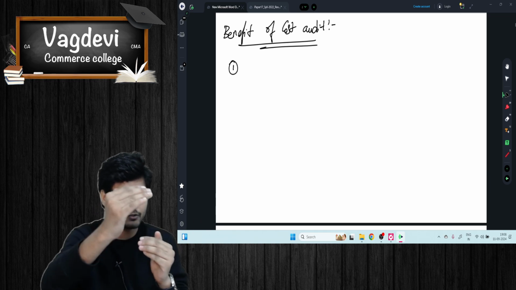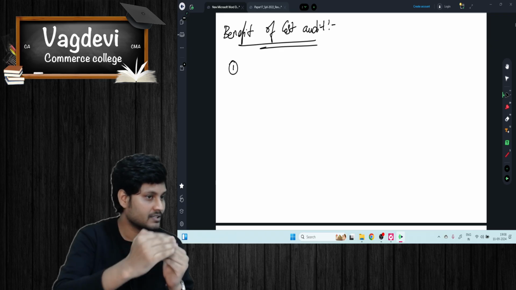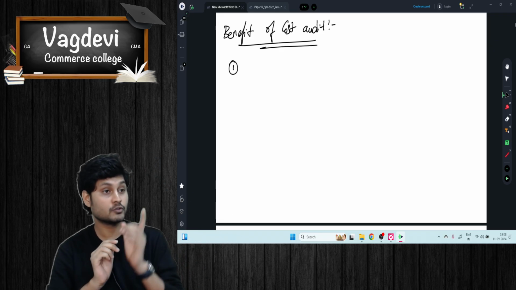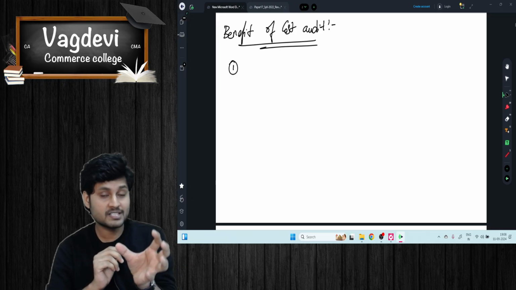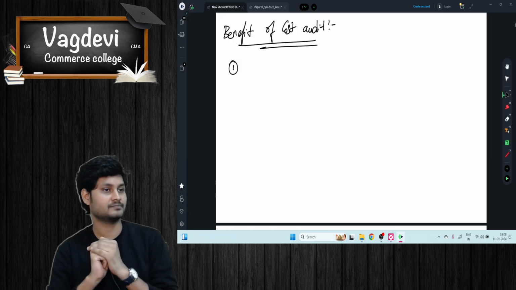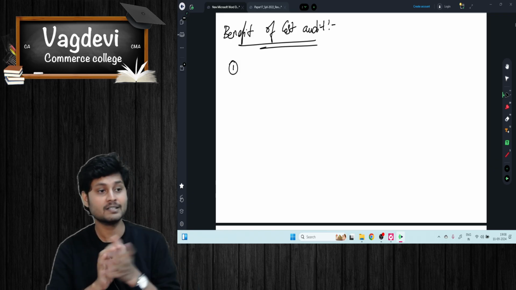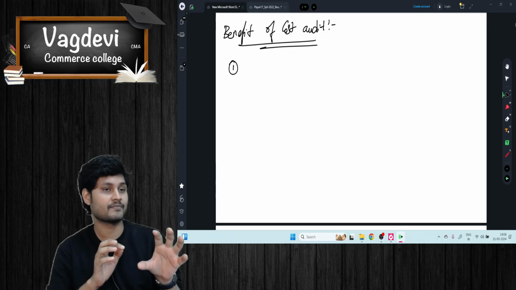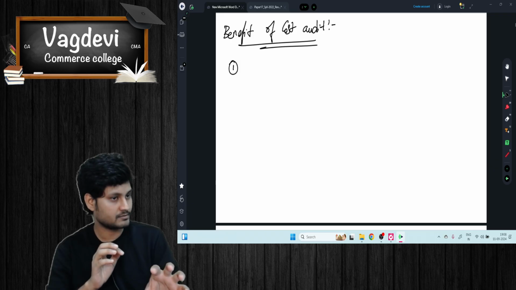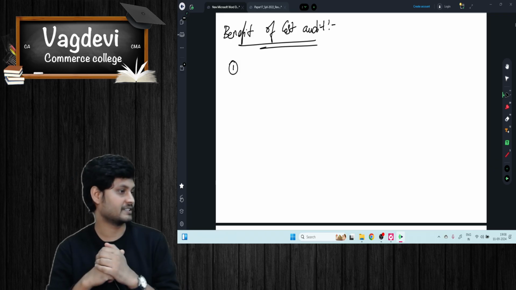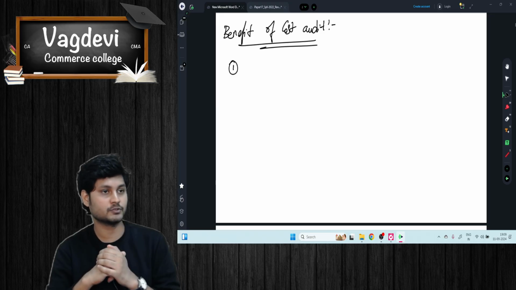If they cross the prescribed limits, then only the cost audit is applicable. This was the first time, 2011.